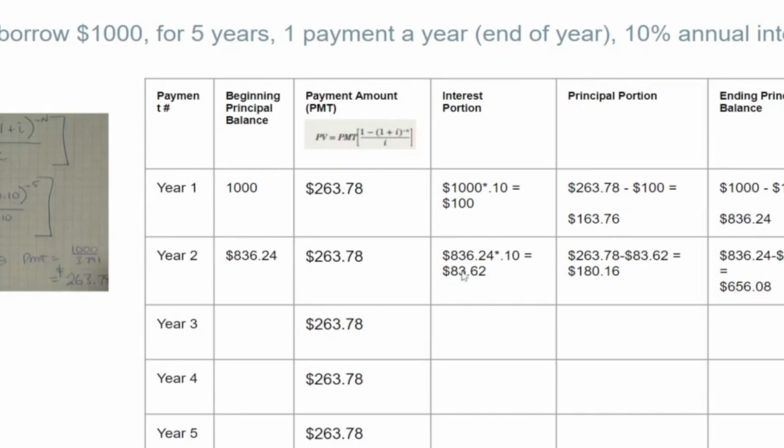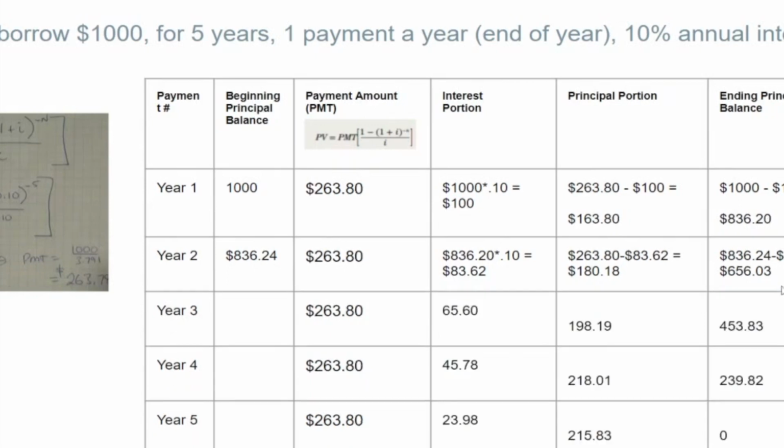We take that interest amount, we subtract it off the payment altogether, and that will give us how much goes towards principal, which is $180. We take that and we subtract it from the beginning balance, the principal amount that we paid. That means we got $656 left. So at the end of year two, we owe $656.08 on the loan.